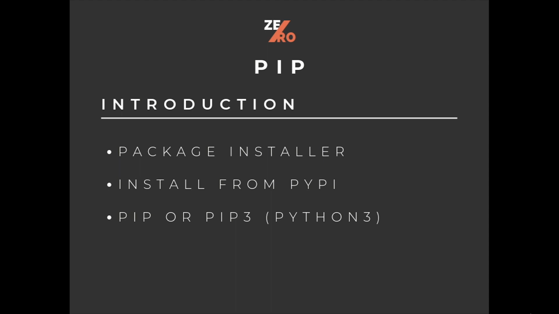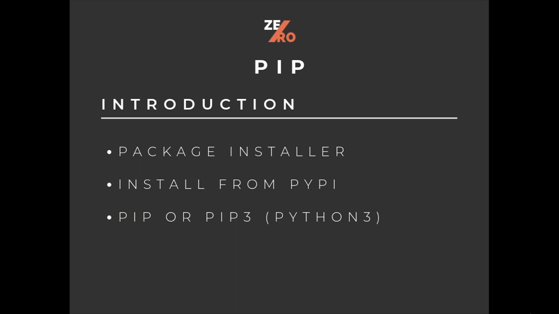So ginagamit natin si pip para mag-download and mag-install ng software packages na yon. So itong mga software packages na to ay nada-download from PyPI or yung Python Package Index. Si PyPI, siya yung software repository ng Python.